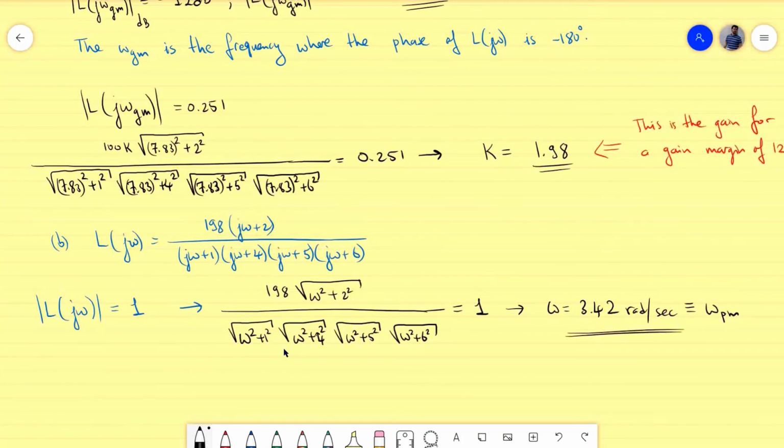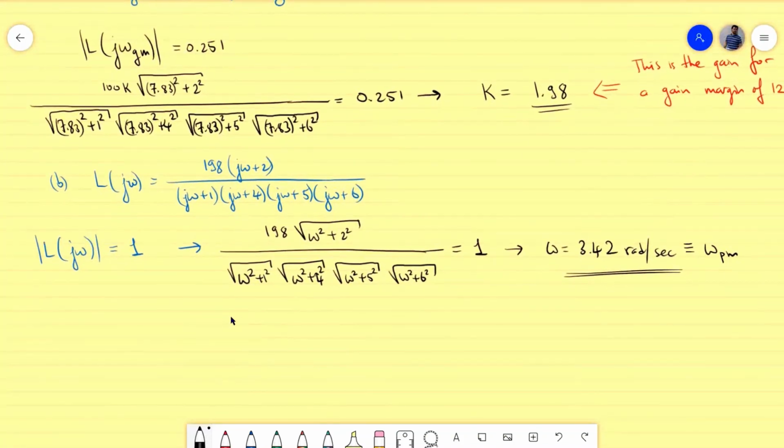So I will underscore this, which is the phase margin frequency. I need that. Why? For the definition of the phase margin, I say the following. Let me continue with blue. Phase margin is 180 degrees plus the phase, which is found using the expression of the phase from the loop transfer function at this frequency.